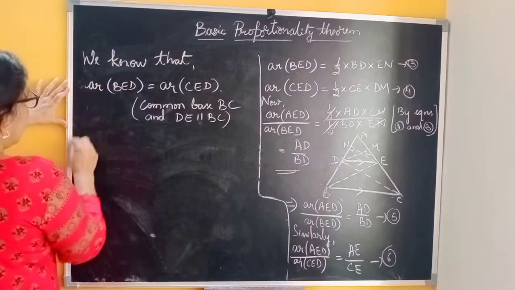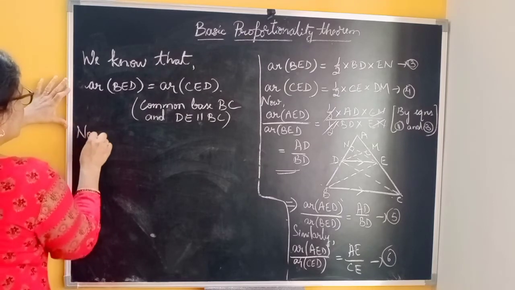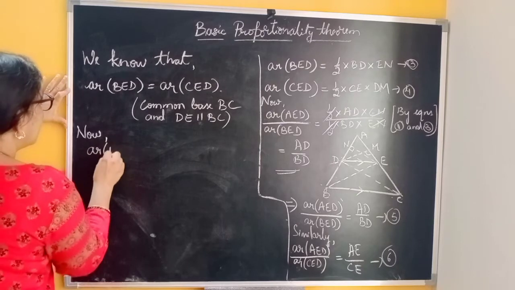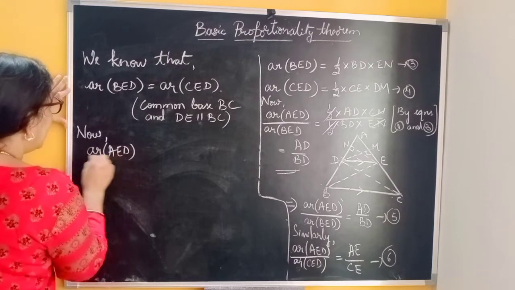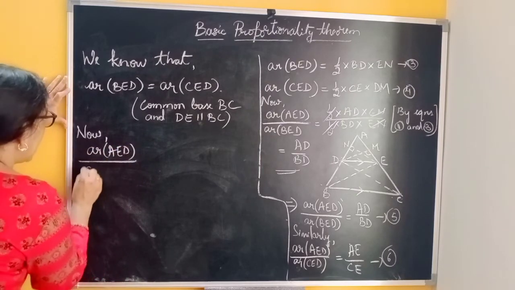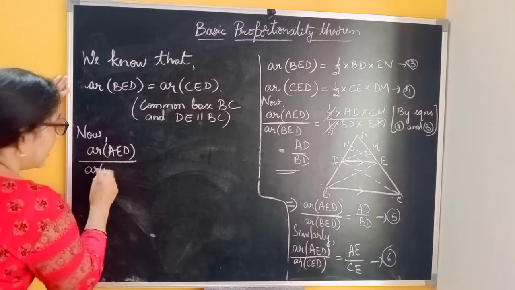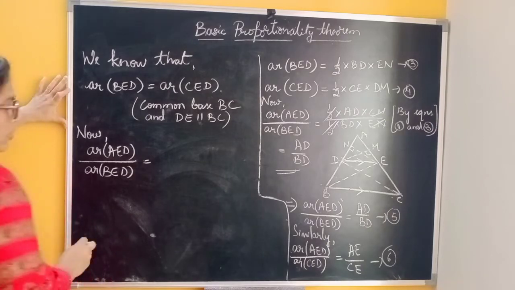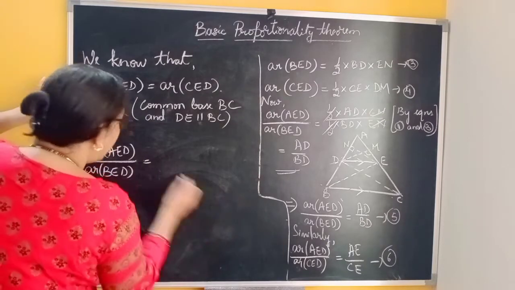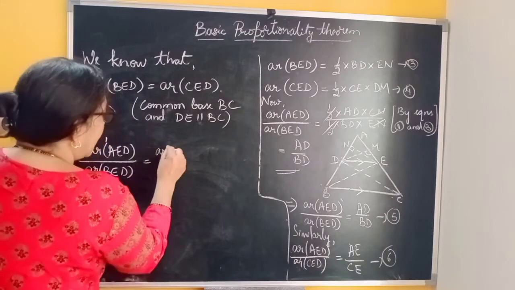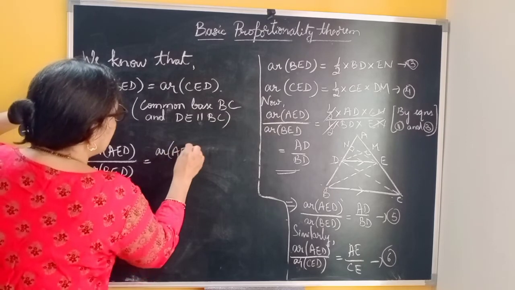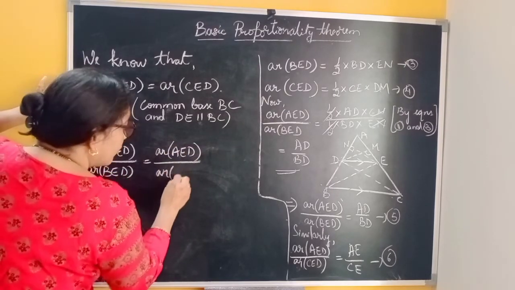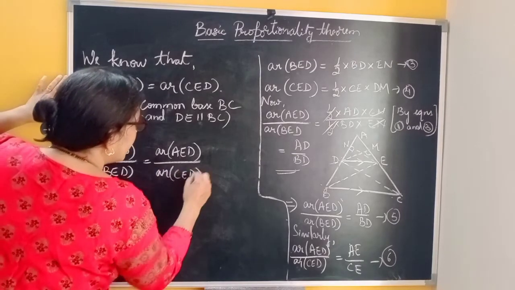Area of AED by area of BED is equal to area of AED by area of CED.